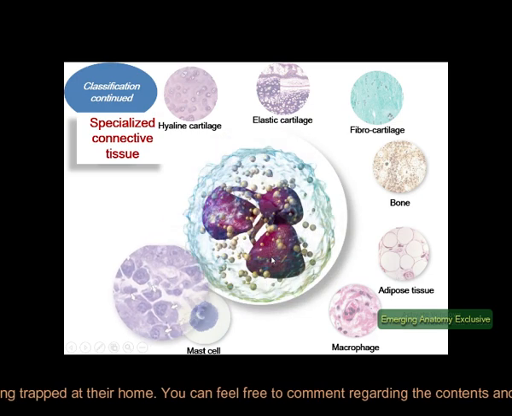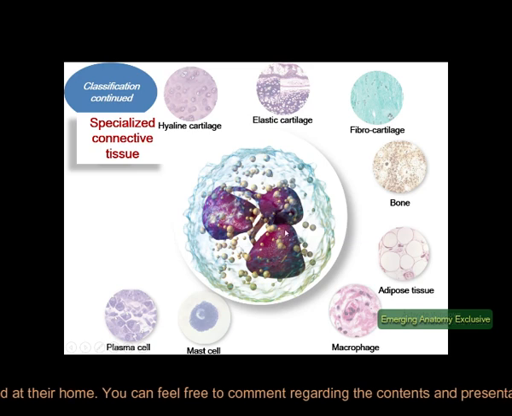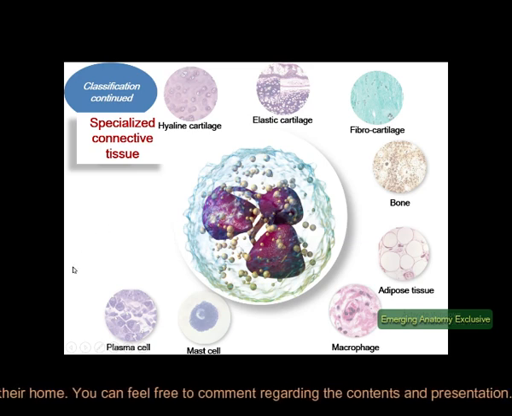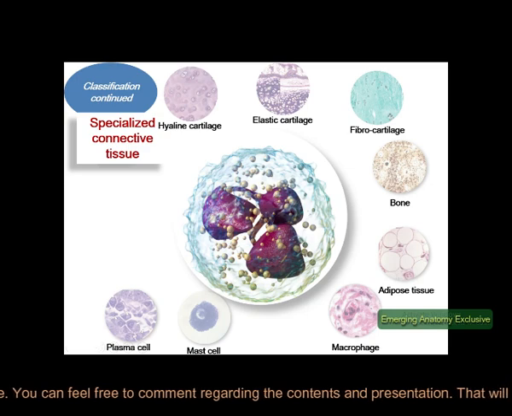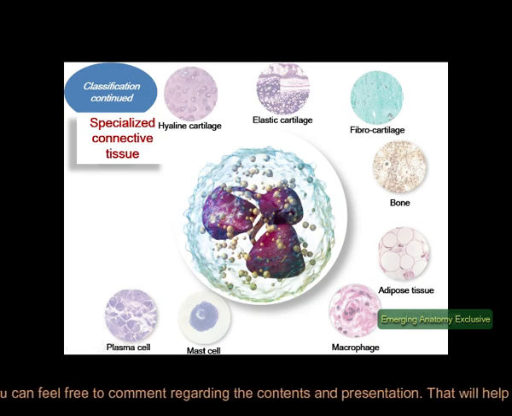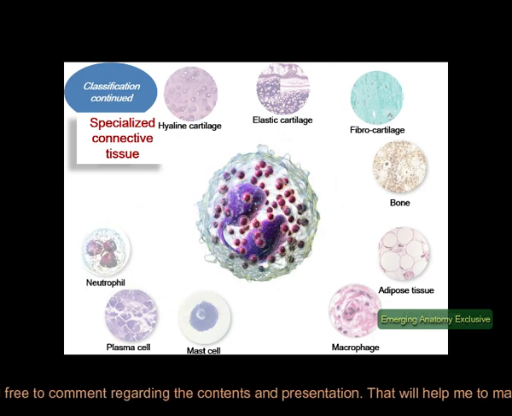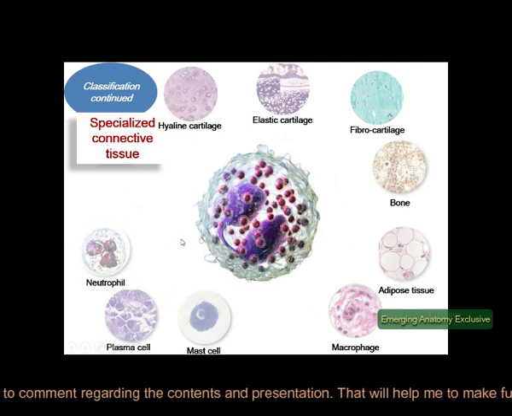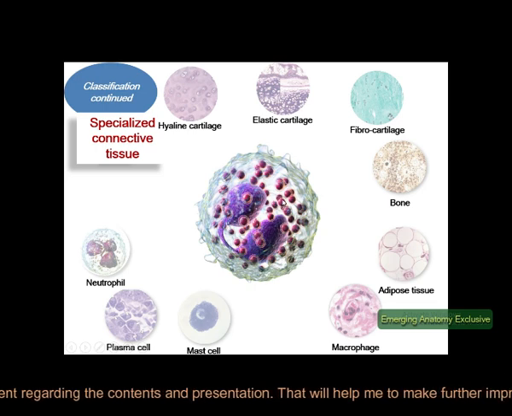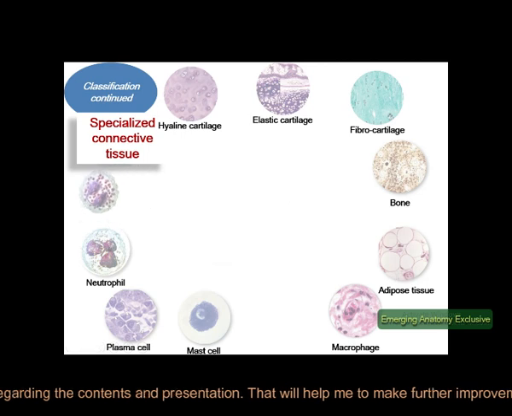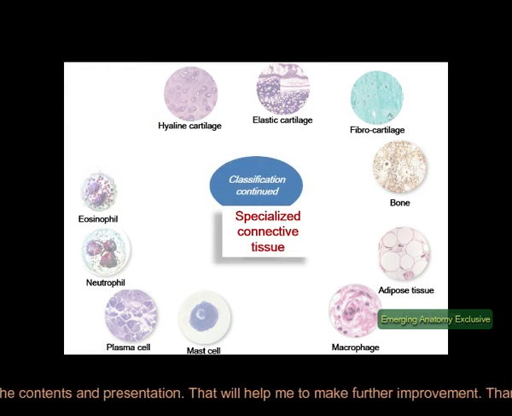A neutrophil is also a large blood cell characterized by a multilobed nucleus and a lack of distinct stained granules in the cytoplasm when viewed with a light microscope. And an eosinophil is a large blood cell with a bilobed nucleus and large eosinophilic cytoplasmic granules that fill the cytoplasm. We have just discussed very briefly different types of specialized connective tissue.